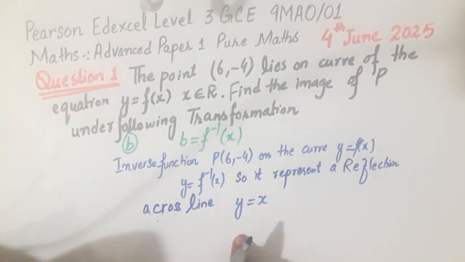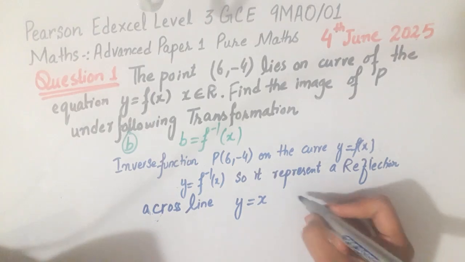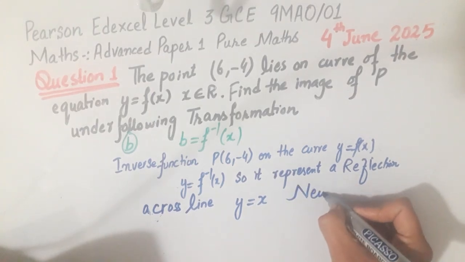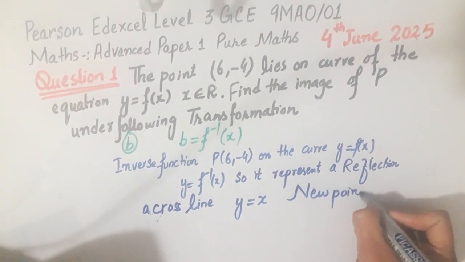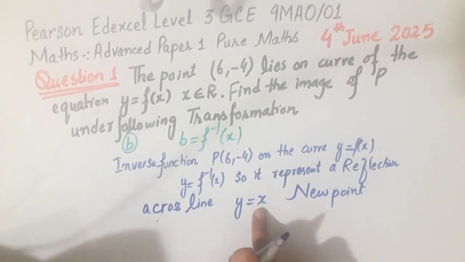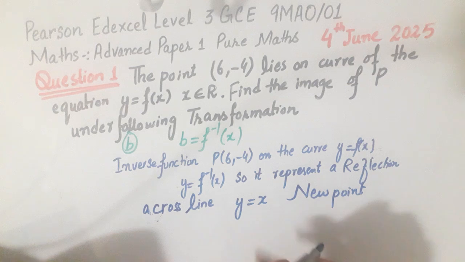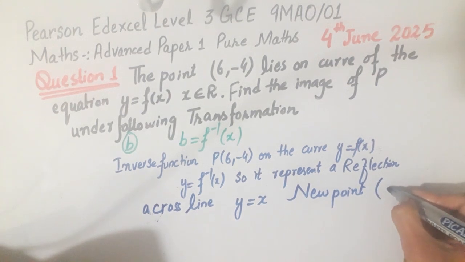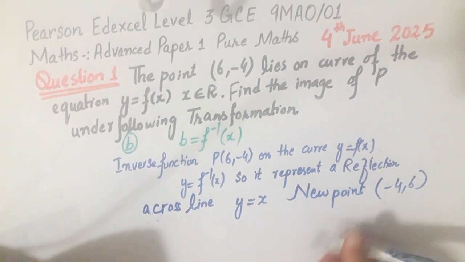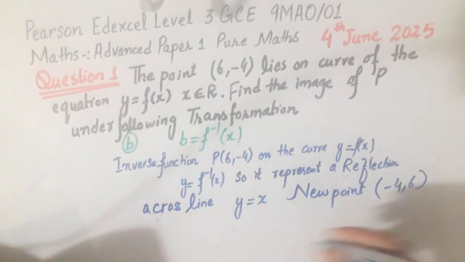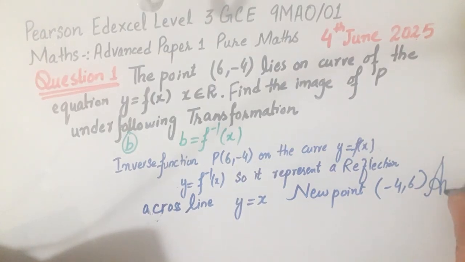This reflection swaps the x and y. So the new point: the y becomes x and the x becomes y, it means minus 4 and 6. So the new point is minus 4 and 6 because this is the reflection in the inverse function. So this will be the answer.